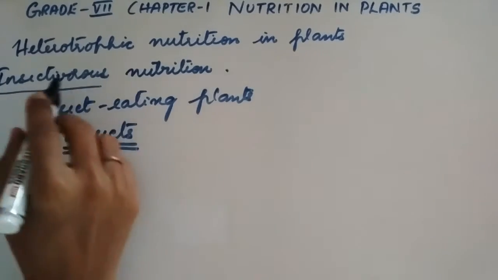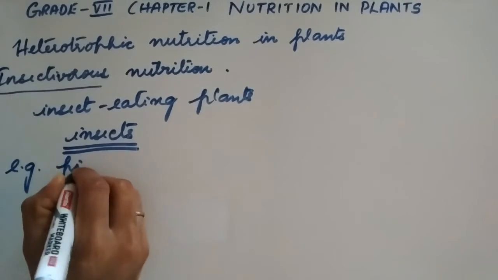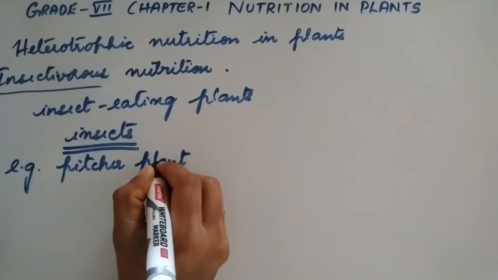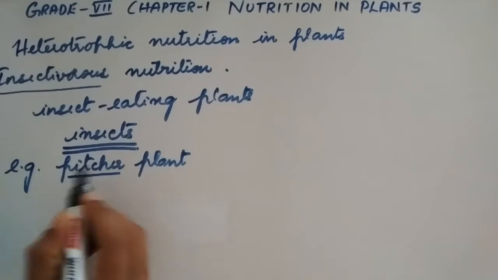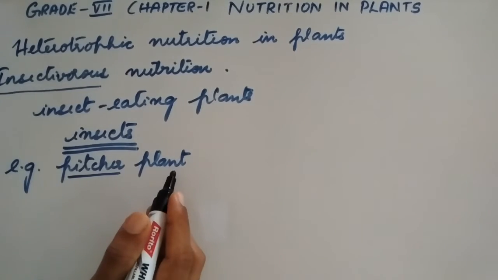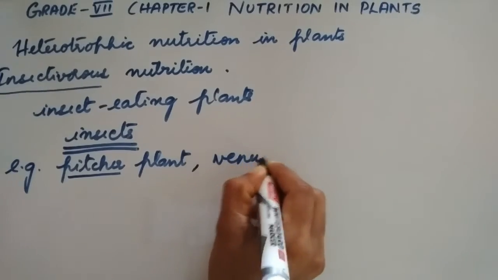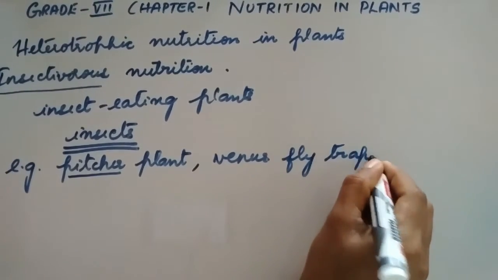Now examples of insectivorous plants are one is the pitcher plant. It takes the shape of a pitcher, so it is called the pitcher plant. And also Venus flytrap.